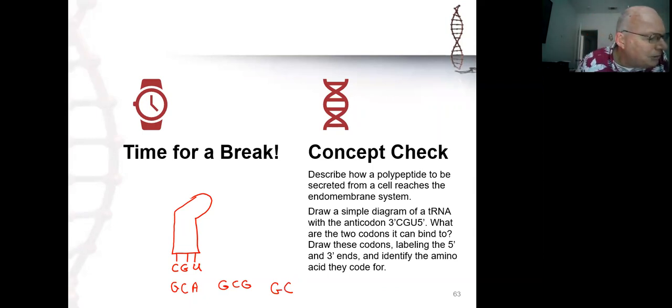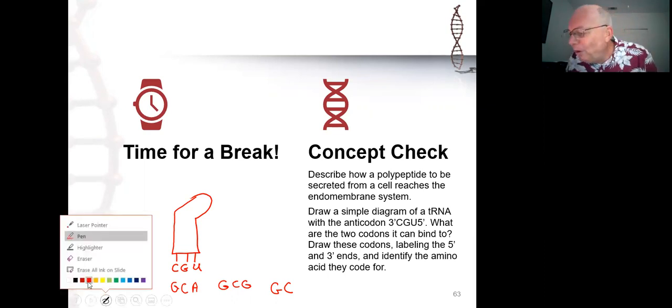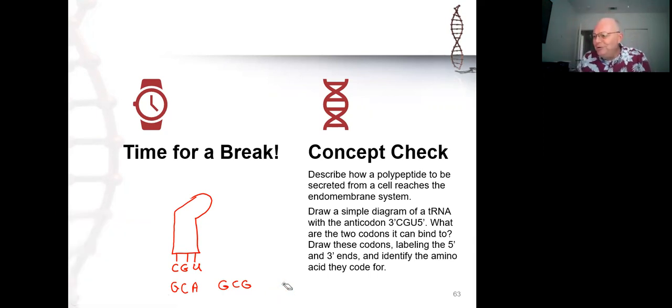Well, it can't go to GCU because U is not compatible to U. And it's not going to be compatible to GCC. So yeah, there's the reason why it's only going to be compatible to 2 of them, because the U is only compatible to A or G, not going to be compatible to U or C. So that's the reason why it's going to bind.